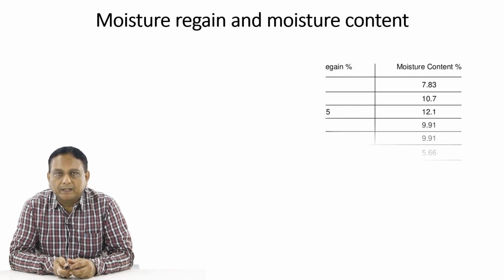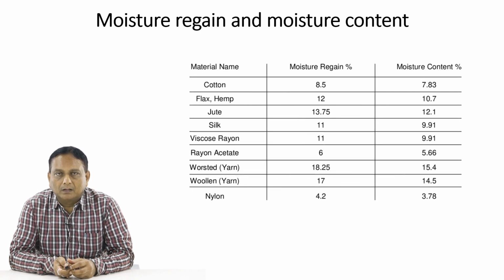So what is the effect of moisture regain and moisture content on different fibers? If you see the example of cotton, the moisture regain is 8.5% and the moisture content is 7.83%. Similarly, for bast fibers like flax and hemp, moisture regain is 12% and moisture content is 10.7%.